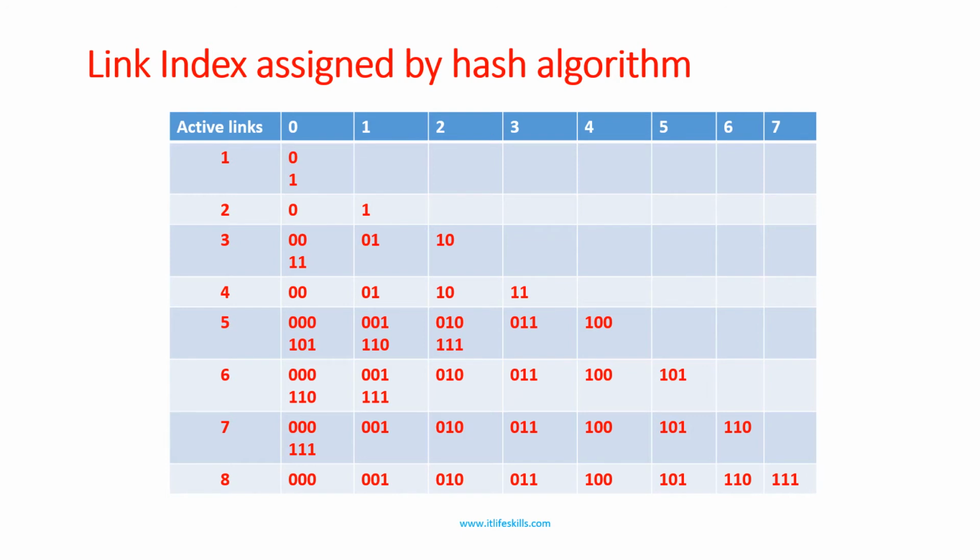Now if we have 5 active links, and after the bit or the XOR operation the result is 0 0 0, link number 0 will be used. 0 0 1, link number 1 will be used. 0 1 0, link number 2 will be used. 0 1 1, link number 3 will be used. 1 0 0, link number 4 will be used.